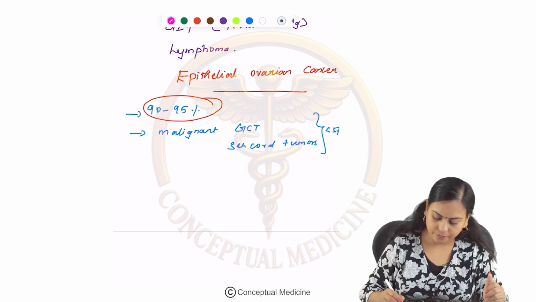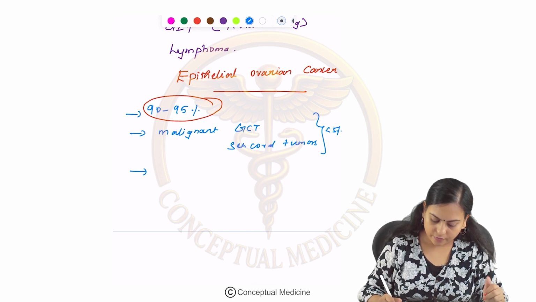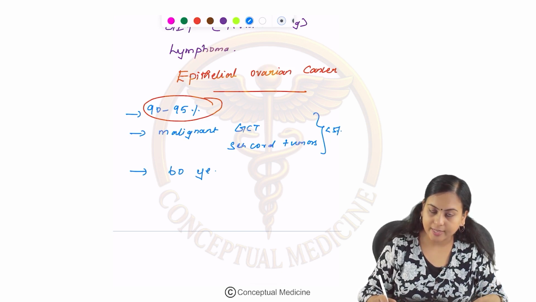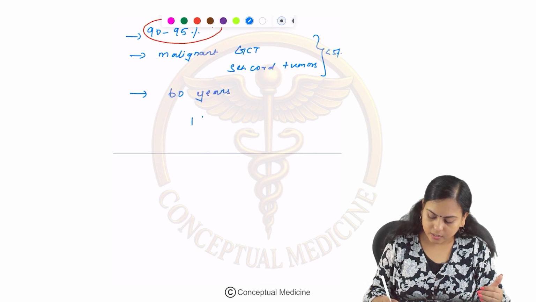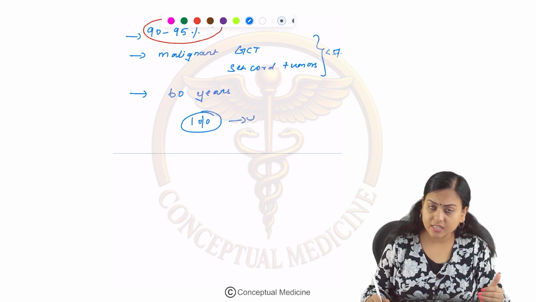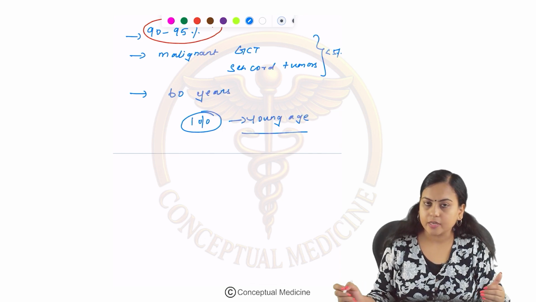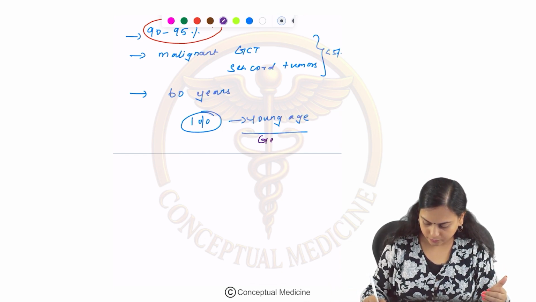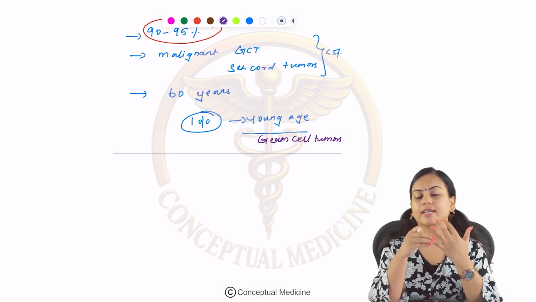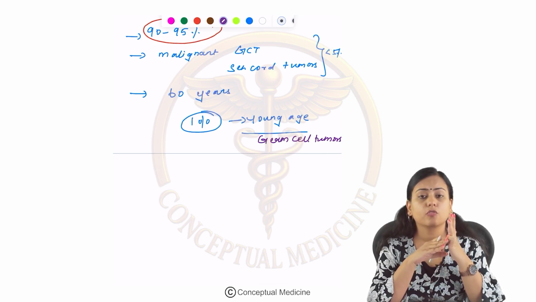And the next one, the peak incidence of invasive epithelial ovarian cancer is about 60 years of age, and only 1% of tumors can be seen in young age group, and in young age group the most common group of cancers that can occur is germ cell tumors.